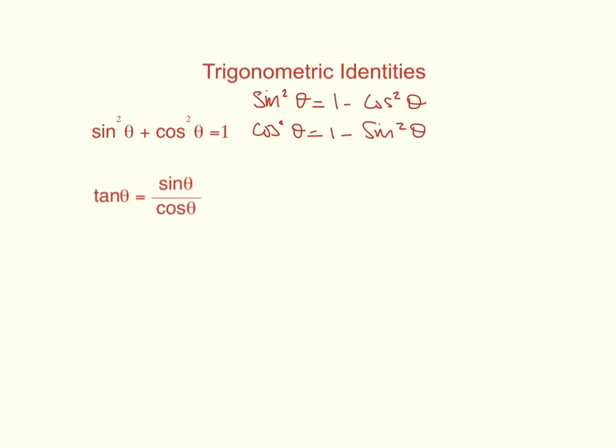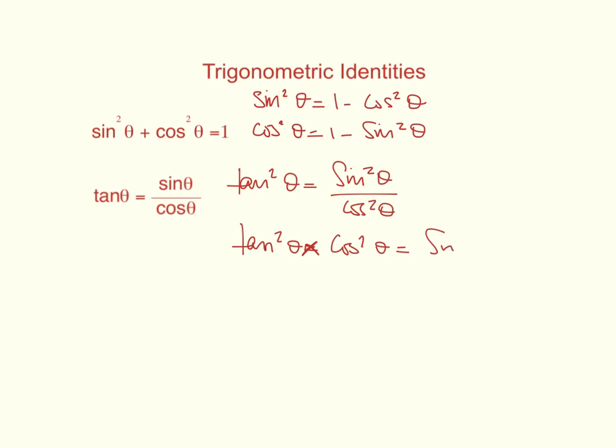Just the same way, we can mess around with this and do lovely things like tan square theta is the same as sine square theta over cos square theta, and so on. We can also rearrange it to say that tan square theta times cos square theta is sine square theta, and so on.